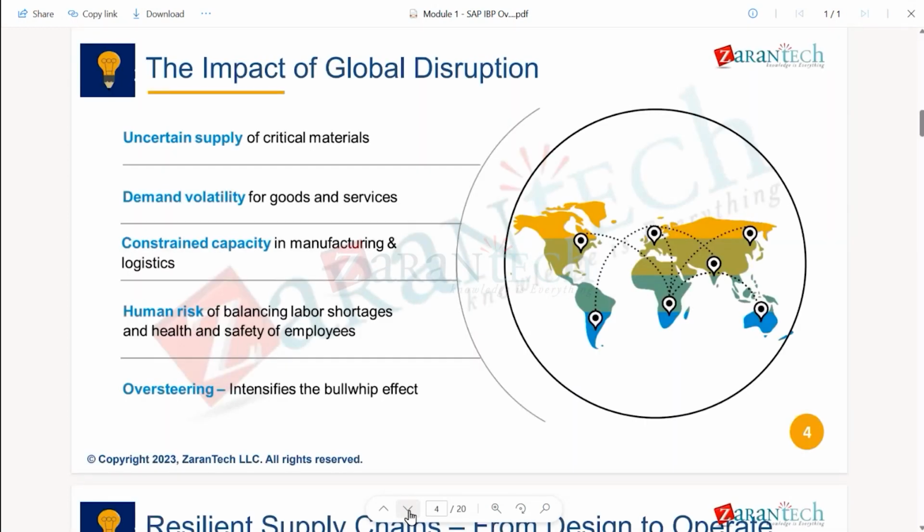So moving on to the next slide of impact of the global disruption, like you must have faced the similar issue in the COVID, wherein the entire global supply chain organization was badly impacted, and there was a huge supply chain disruption, especially in the transportation and the shipment industries, wherein all the consignments were held back.